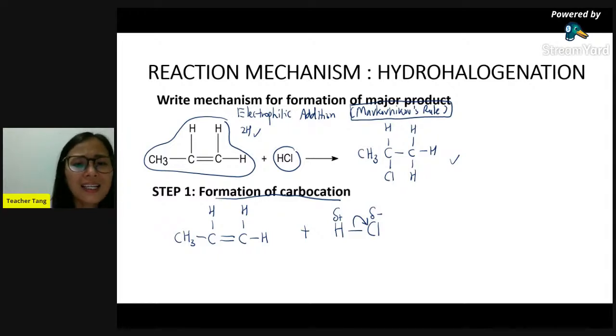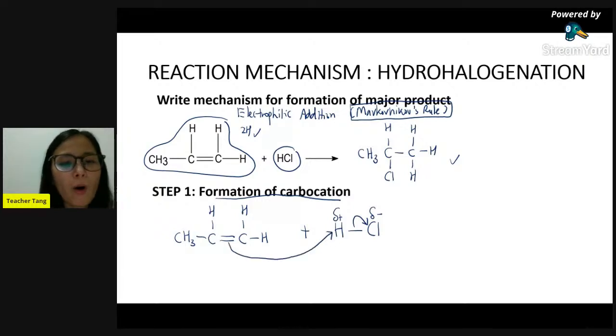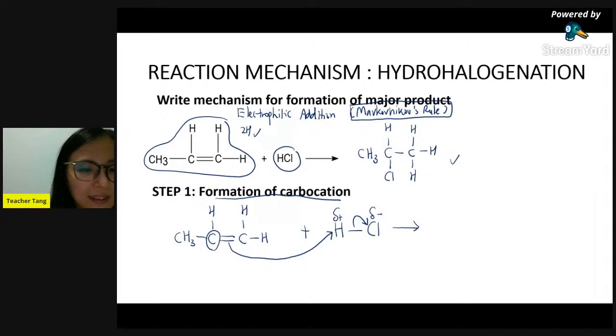And then, who will get this hydrogen? It's the carbon-carbon double bond, because this place is electron rich, so it can use the electrons to form a bond with hydrogen. And which carbon will get this hydrogen? Again, according to Markovnikov's rule.